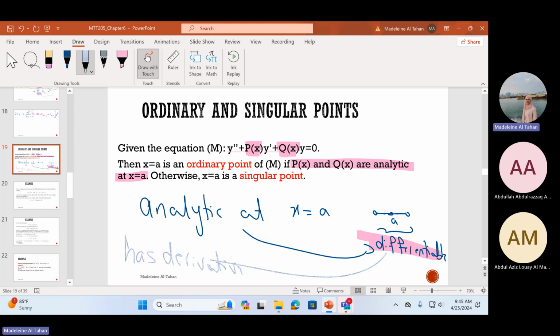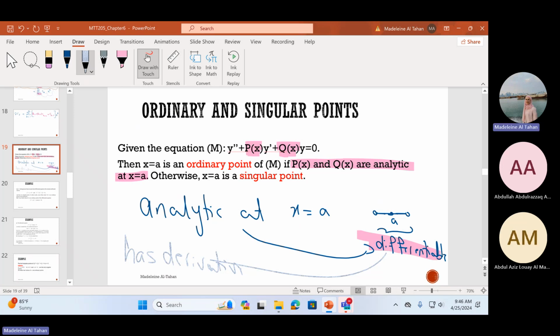Yes, it's 0 in the denominator. Okay, so is it differentiable at 0? So is it analytic? When you substitute, the graph doesn't have a value. If it doesn't have a value, it's meaningless to ask if it's differentiable or not. If it's not continuous, I will not ask about differentiability.